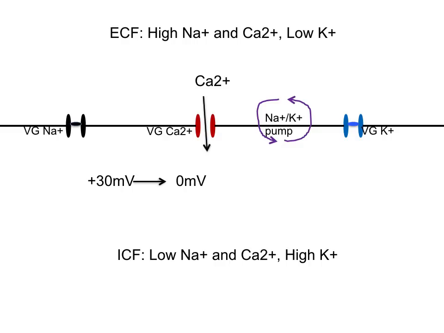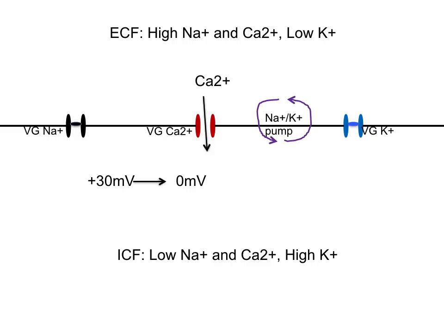Now, the potential causes for the plateau and why it lasts so long are very highly debated. One potential cause is that the calcium influx is actually balancing out the sodium active transport outward.